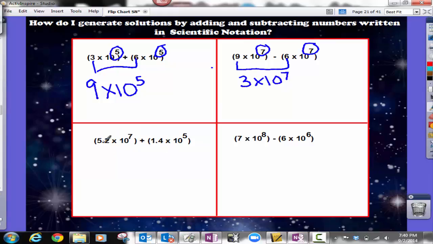Before I can actually add, I've got to be able to get this 5 up to 7. And again, there's all kinds of different ways you can do this. I'm just going to tell you the way that I think of in my head to make it as simple as possible. I know that I need to raise this 5 two spots to be able to get it to the 7.